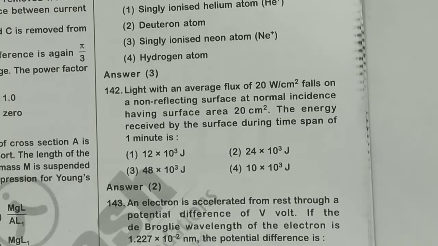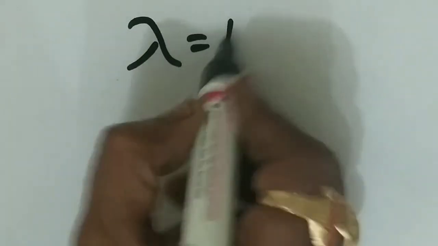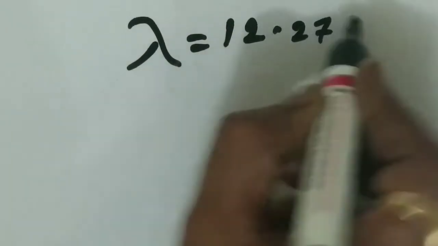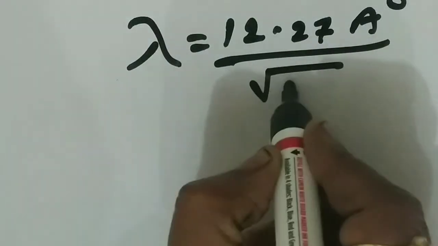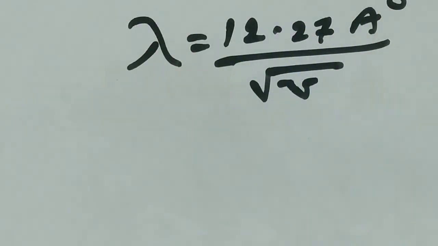So when you come across the wavelength factor and potential difference, then we come across the dual nature of light. According to the dual nature, when the electron is accelerated through a potential difference V, then the de Broglie wavelength lambda is given by 12.27 angstrom divided by root V, where V is the potential difference.